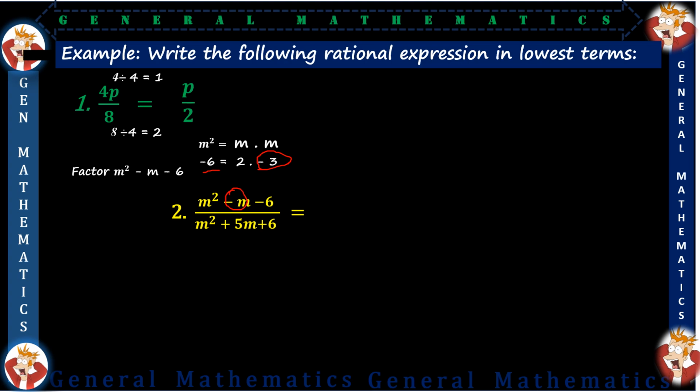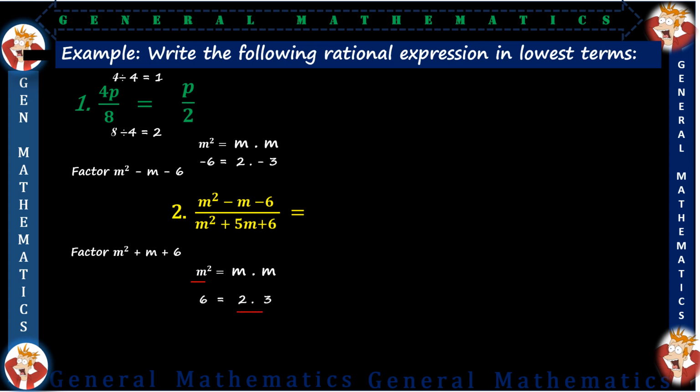Next natin is to factor out your denominator. So, ang factor ng denominator natin of m squared plus 5m plus 6 is equals to, of course, same, m times m, and your 6 is 2 times 3.